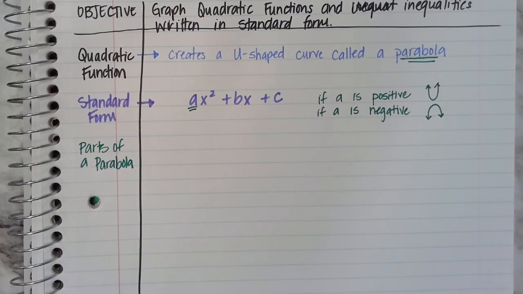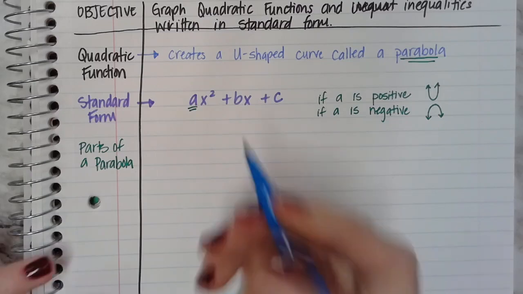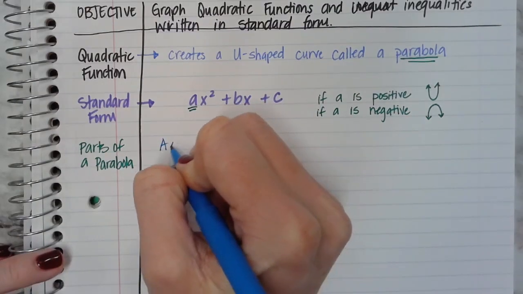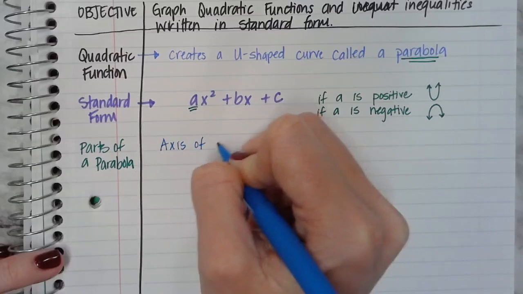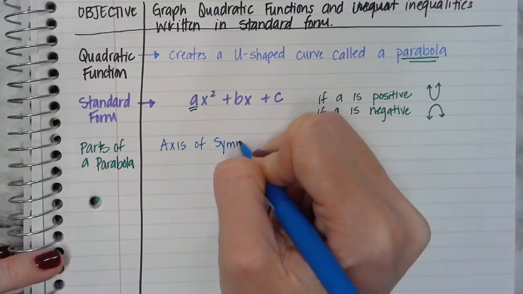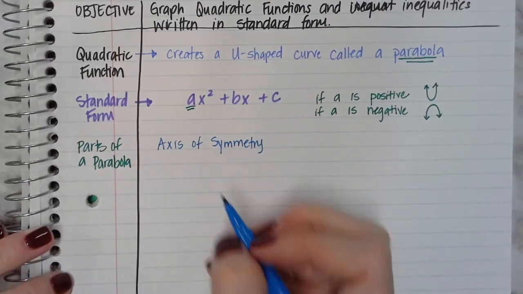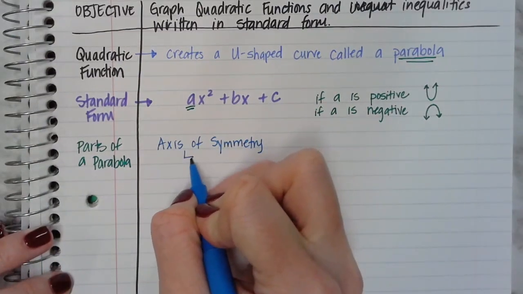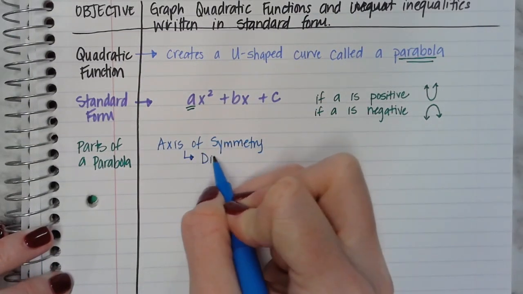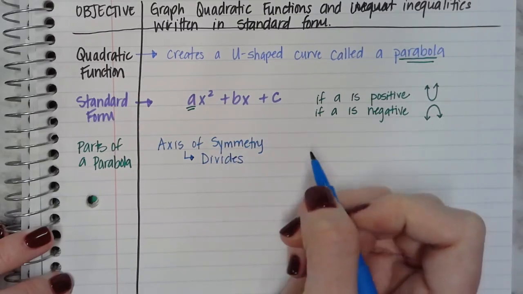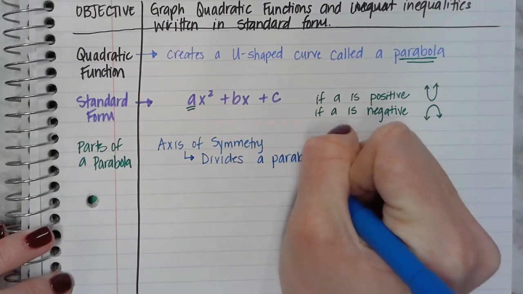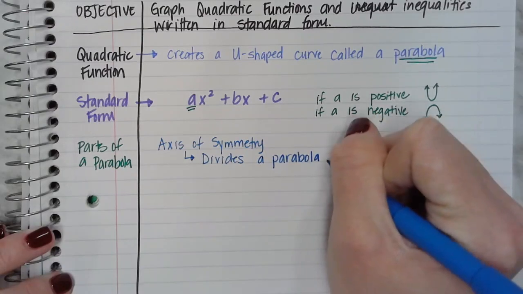One key part of a parabola is called the axis of symmetry. The axis of symmetry just divides a parabola into two equal parts.